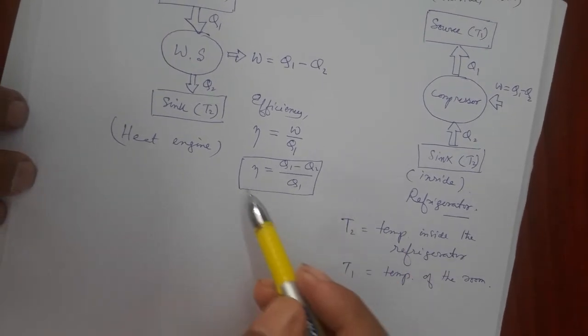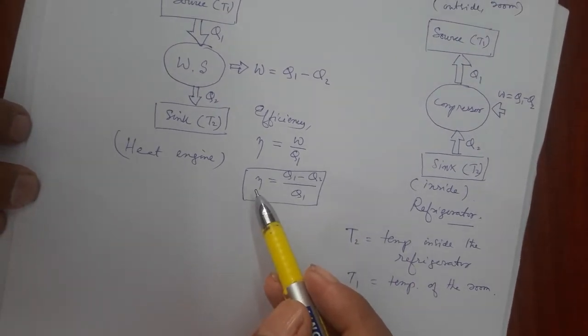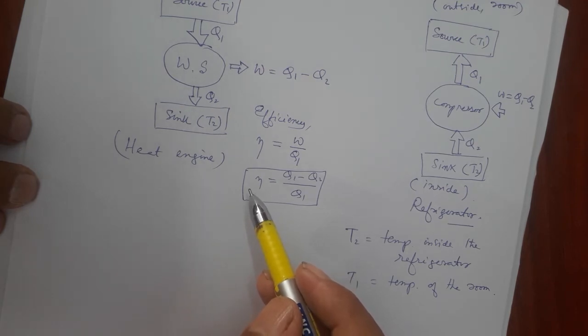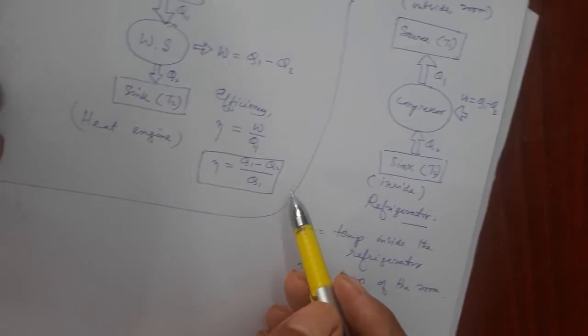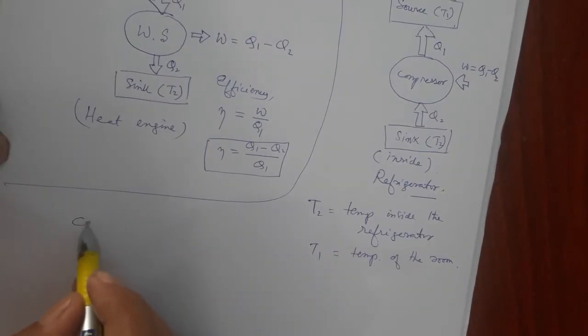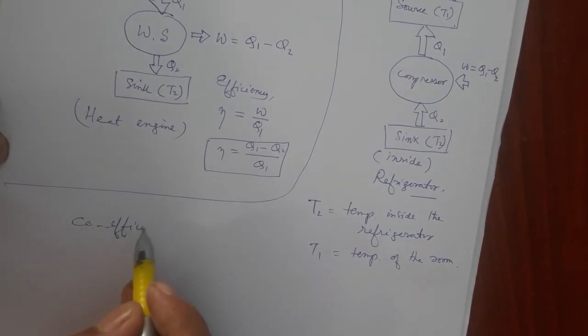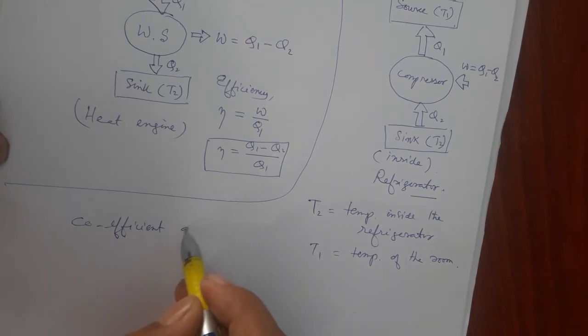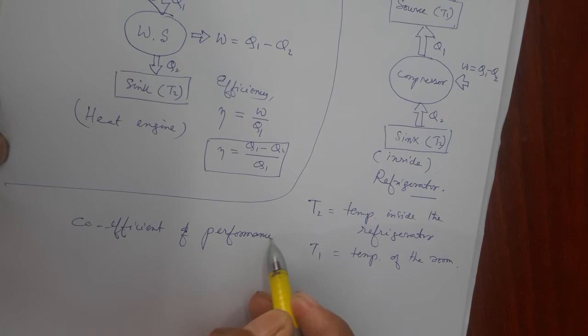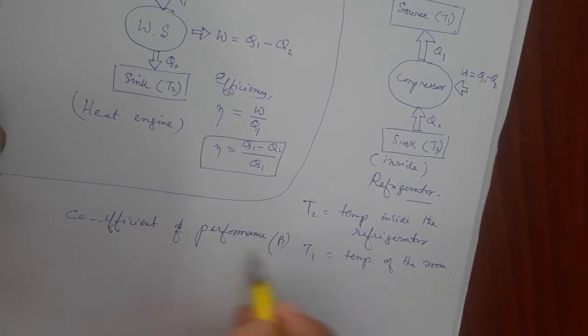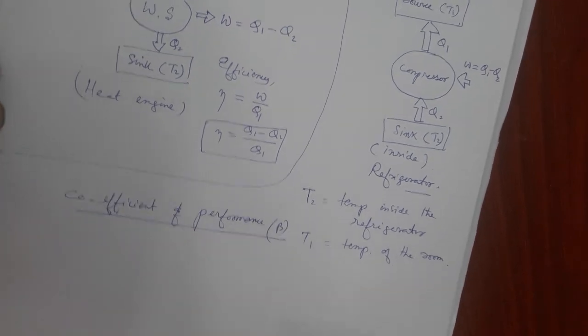Now, instead of this efficiency, when you come to this refrigerator, we use a quantity that is known as coefficient of performance. This is denoted by beta.